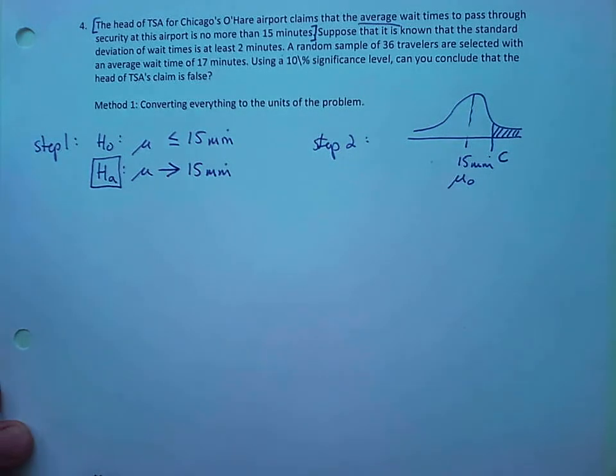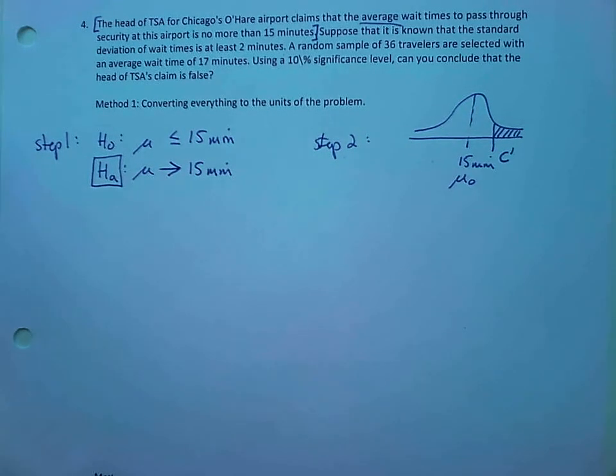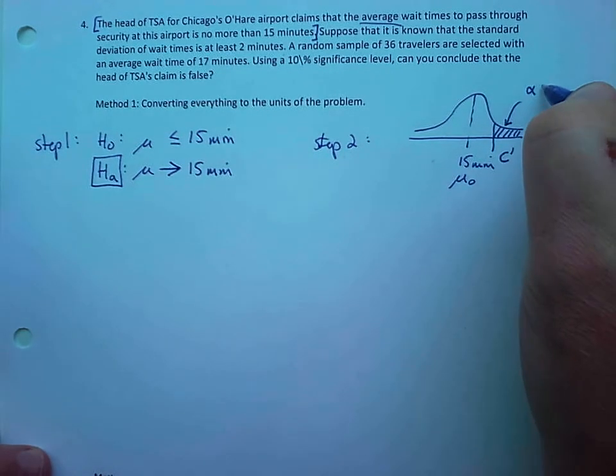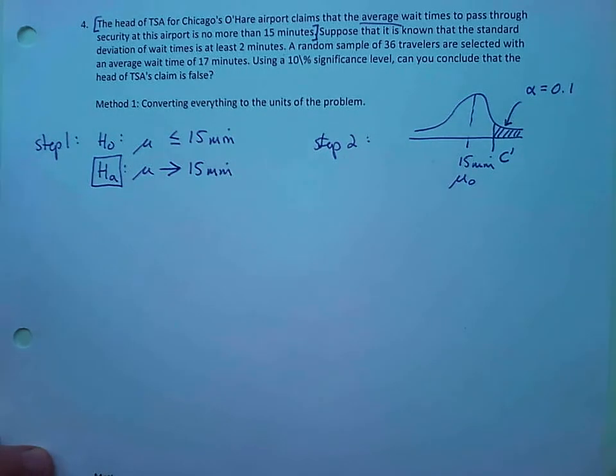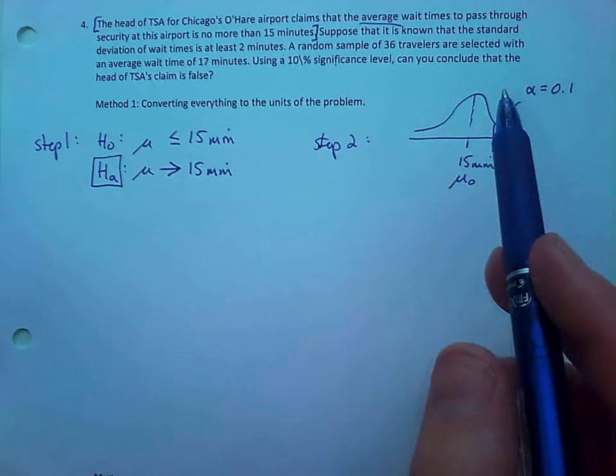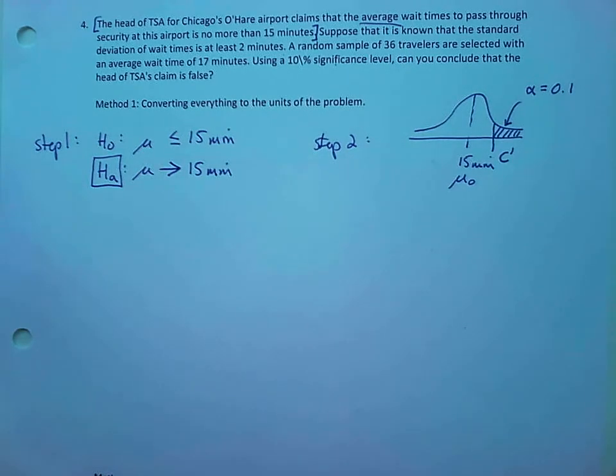The part where our rejection region begins is given to us by the right-hand side critical value, which is designated by C'. Since we only have one rejection region, we're going to clump all of alpha into this rejection region. And alpha is given to us by 0.1, since the significance level is synonymous with alpha. So writing 10% as a decimal is given to us by 0.1.